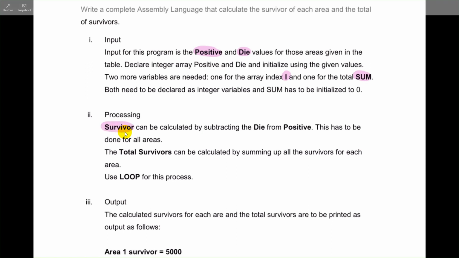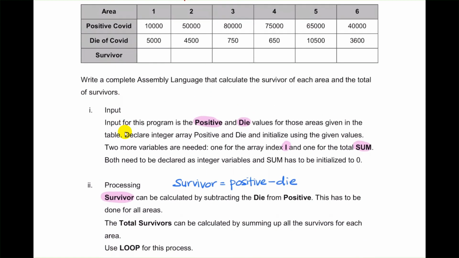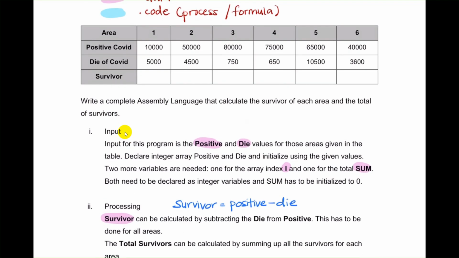The formula for the survivor: after you read this, you will notice that by subtracting the die from positive, it means positive minus die. This has to be done for all areas, so we need to use the formula for all those areas. We have 6 areas, so we need to calculate the survivor for each area.